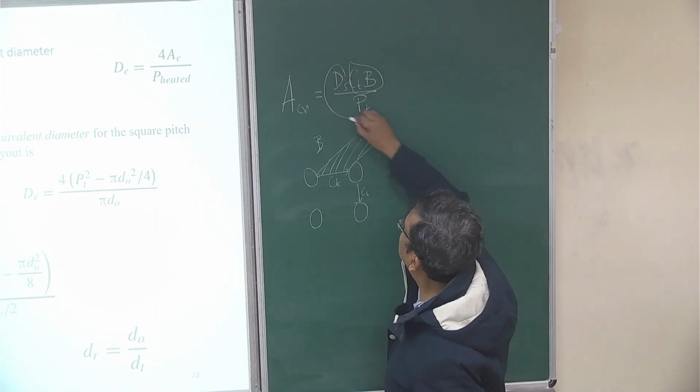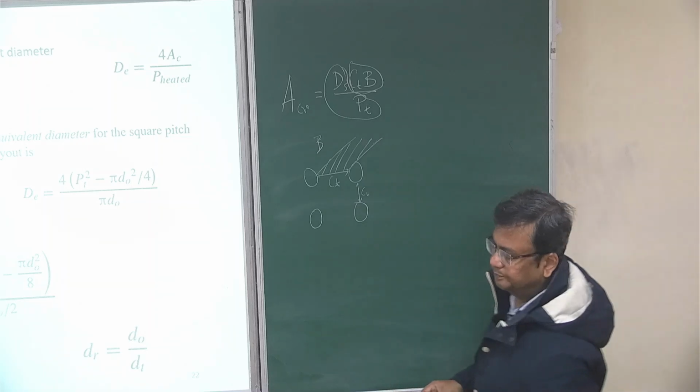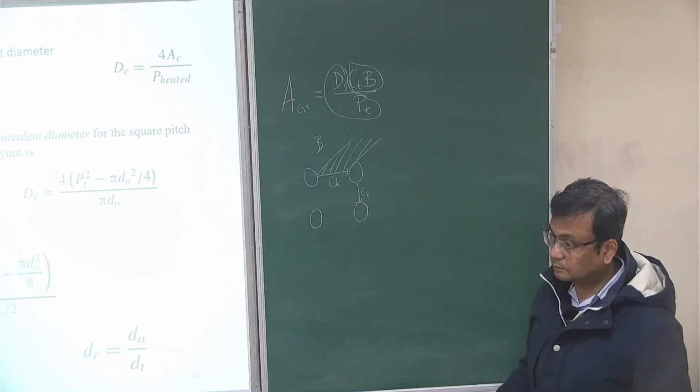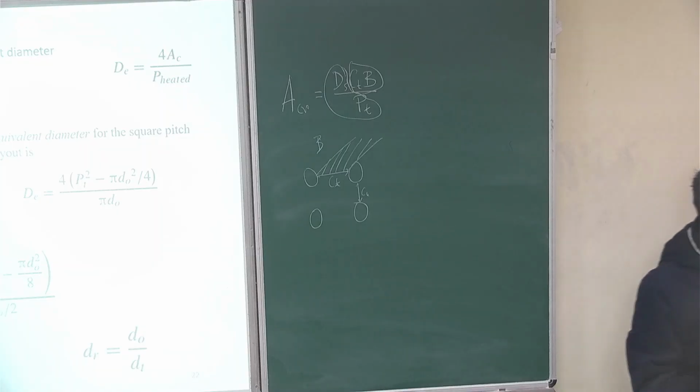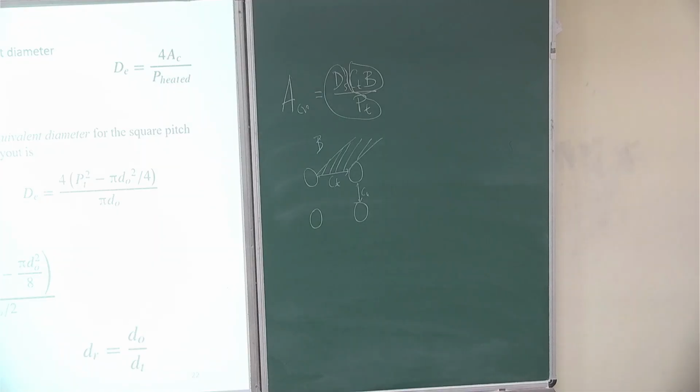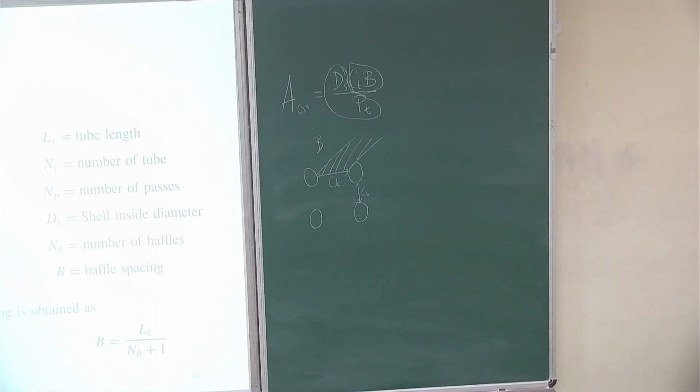What about DS divided by PT? This is DS. So this is the number of such units basically. So DS over PT. Isn't it? PT is between two tubes, and DS is the whole dimension.